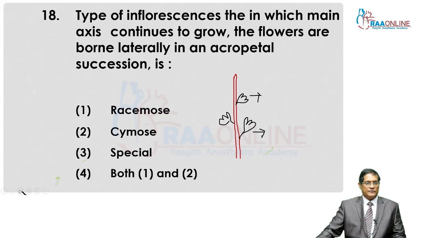In cymose inflorescence, this is the main axis or peduncle. It terminates into a flower, that is, the flower is terminal. Because of the development of a flower at the tip, the growth of the main axis is stopped.